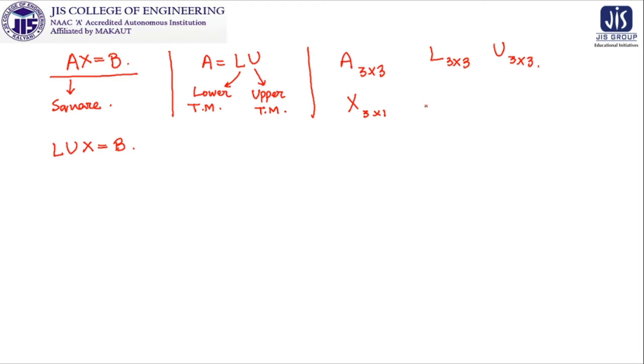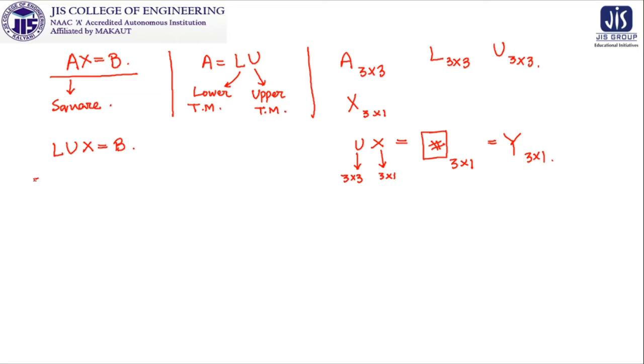Now please check U and x, where U is a 3 cross 3 matrix and x is a 3 cross 1 matrix. Their product will give one matrix which must be a 3 cross 1 matrix. Suppose we assume it as capital Y. So capital Y is the resulting matrix of U and x, which is going to be a 3 cross 1 matrix.